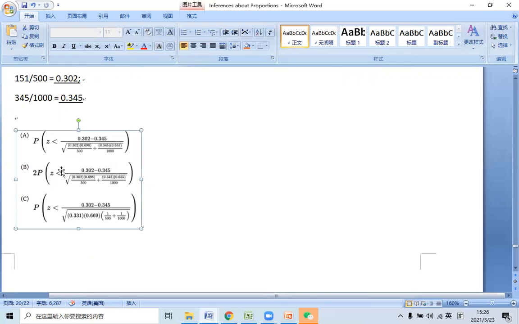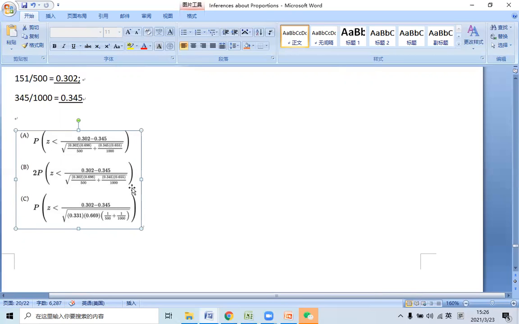This looks good so far. The key thing is the standard deviation. For the standard deviation, you look at the sample size. Sample size looks good. One sample size is 500, the other one is 1,000.